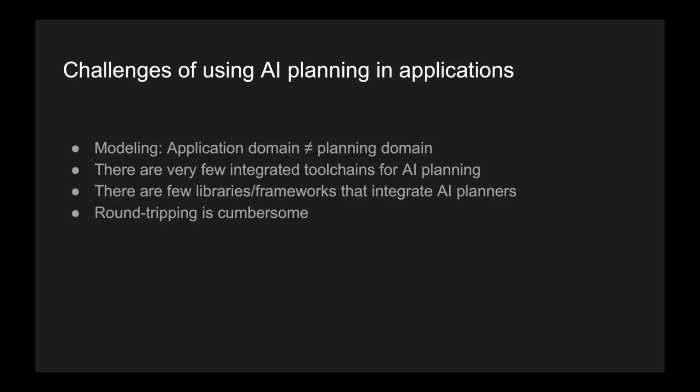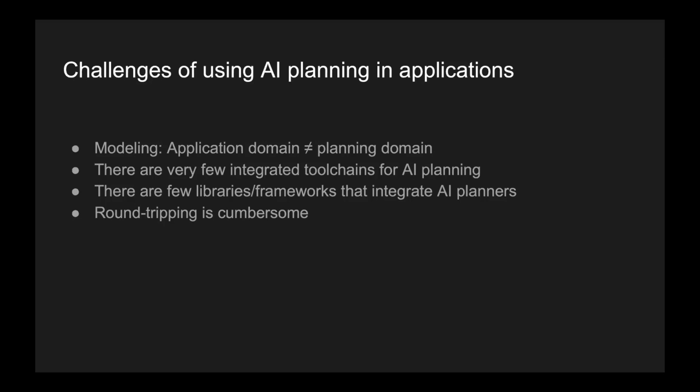So what does all that lead to is round tripping is cumbersome. So essentially you're starting from an application domain, you do the hard work of mapping it to a planning domain, and then you use this suite of tools, which sometimes are separate and independent. And then you get some output, which are a set of plans, and then you manage to translate that to something that's relevant to your application domain, in this case, machine learning pipelines. And then you have a problem in the machine learning pipelines.